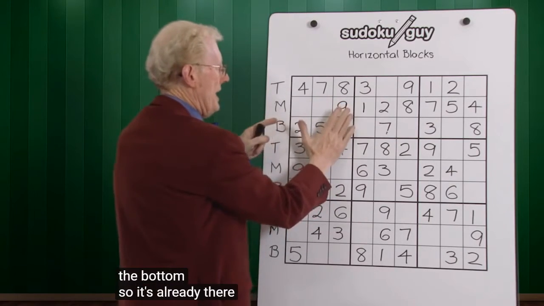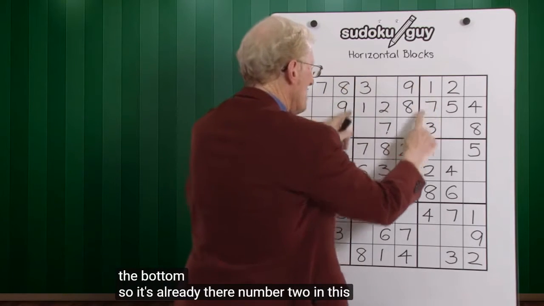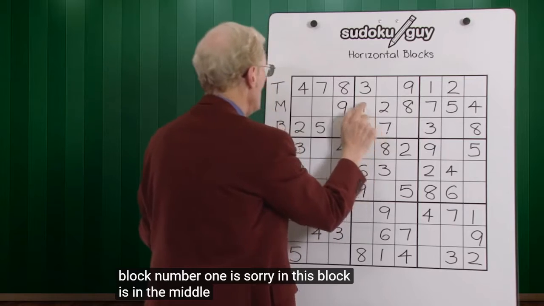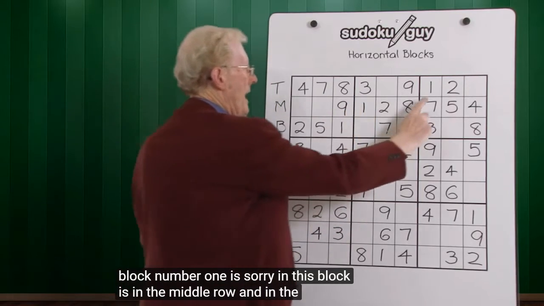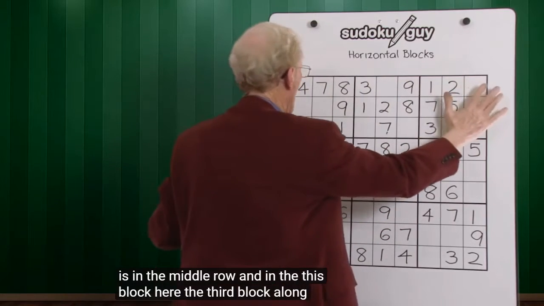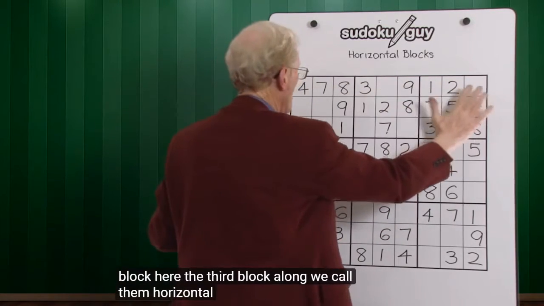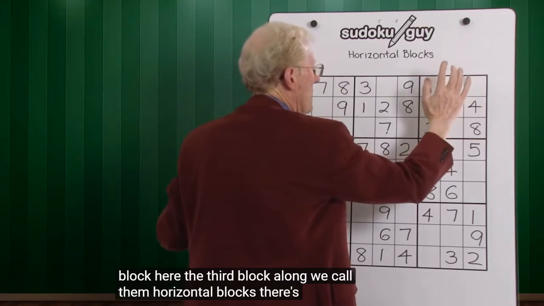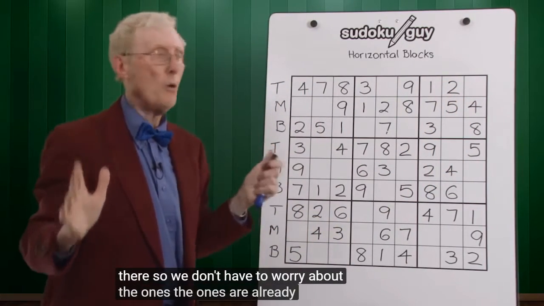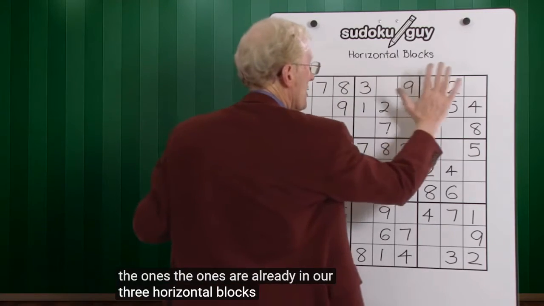In this block, number 1 is in the middle row. And in the 3rd block along, there's a 1 there. So we don't have to worry about the ones. The ones are already in our 3 horizontal blocks.